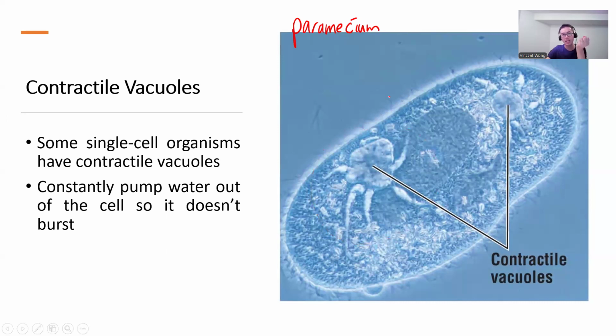It basically squeezes, and then the water goes out, and then it fills up with water again, and then it's squeezed. It must continue to do that all the time. Otherwise, it will definitely die. Okay, so we do not have contractile vacuoles. Plants don't have them. Only these protists might have them sometimes.